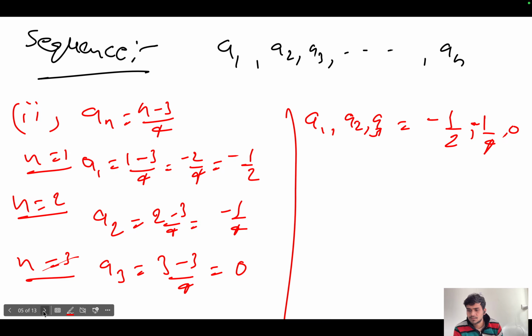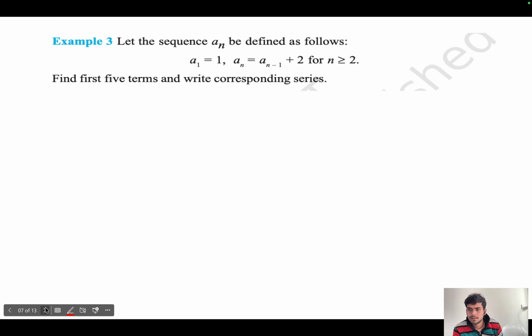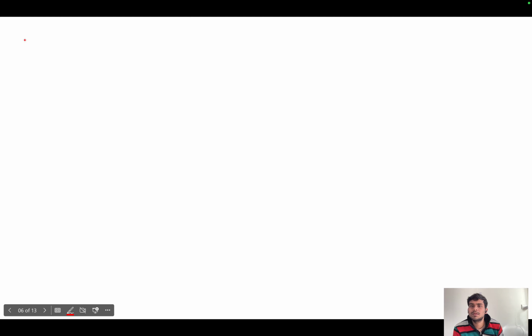Now, we have talked about the progression. What was a progression? A progression is a special sequence in which terms progress according to a definite rule. Now talking about the arithmetic progression.